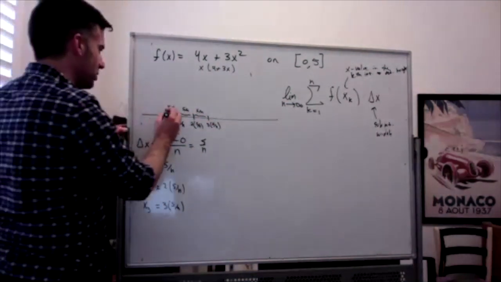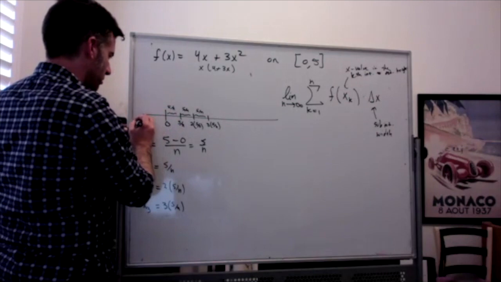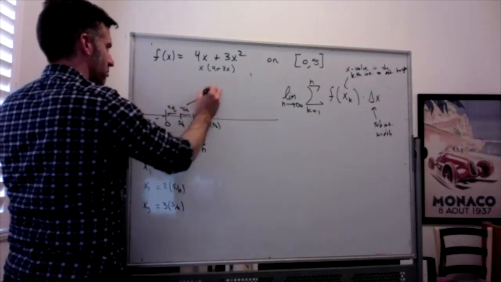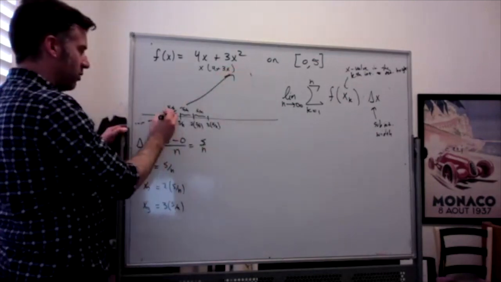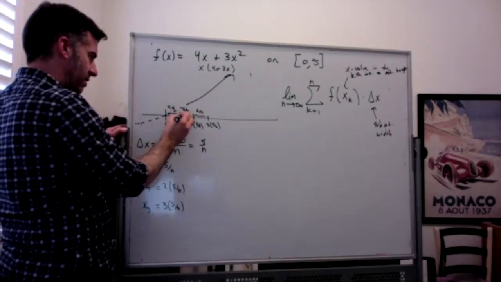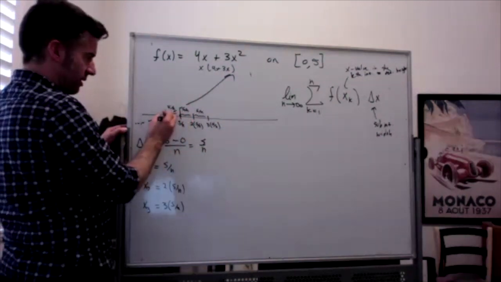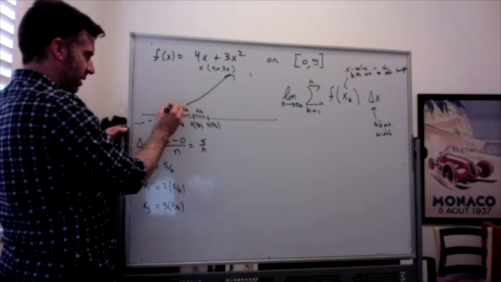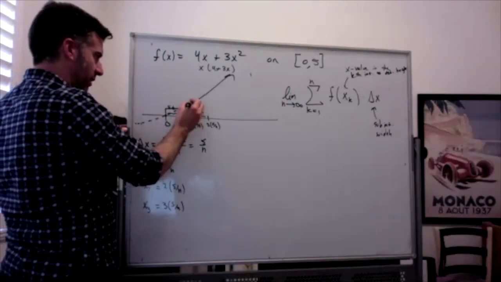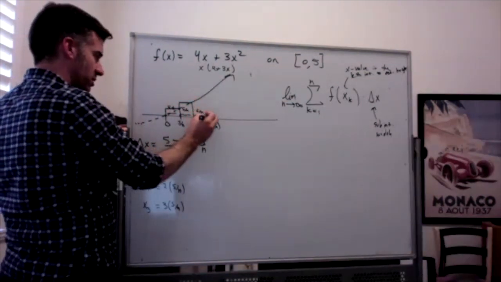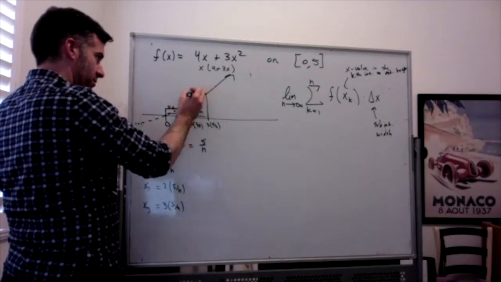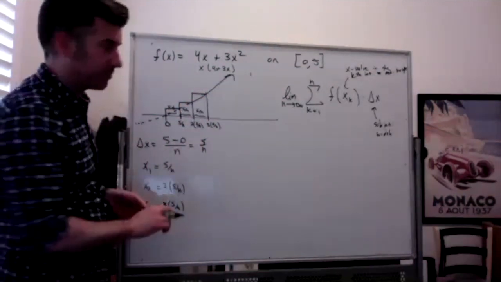And so we're using these points to find the heights. Using this first point to find the height there, using this second point to find the height, using this third point to find the height, if we want overestimates.